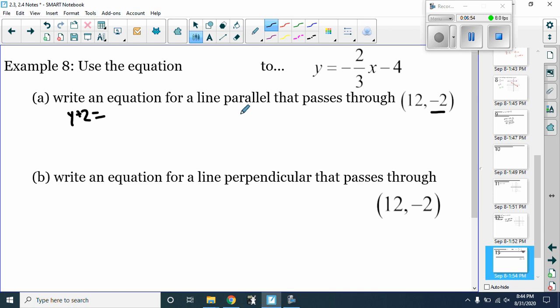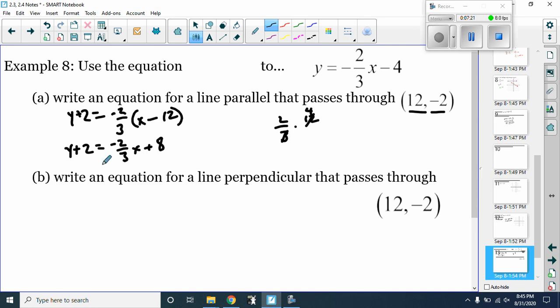Slope of a parallel line is the same as the slope of the given line. So negative 2/3 is my slope times the quantity x minus x1. Distribute. Negative times negative is positive. 2/3 of 12 is 8. Subtract 2. Y equals negative 2/3 x plus 6.